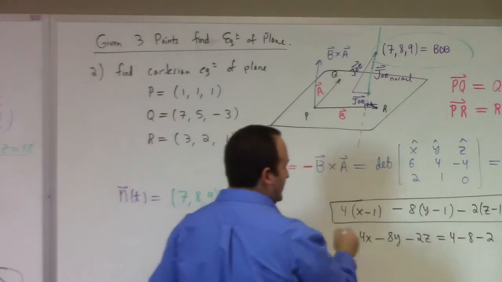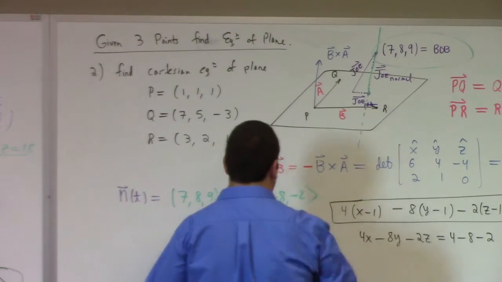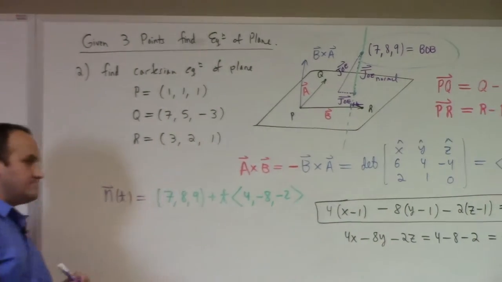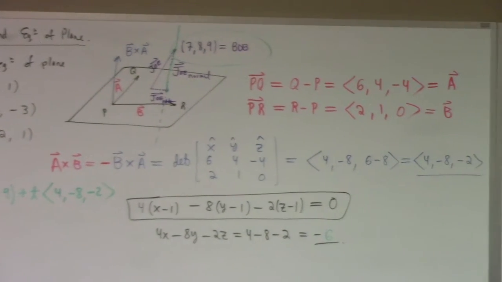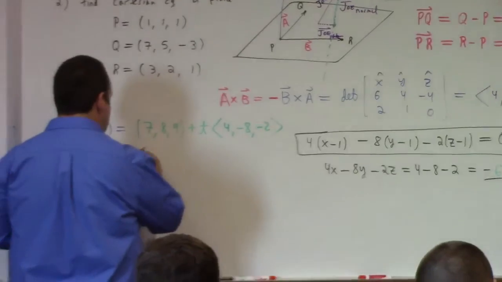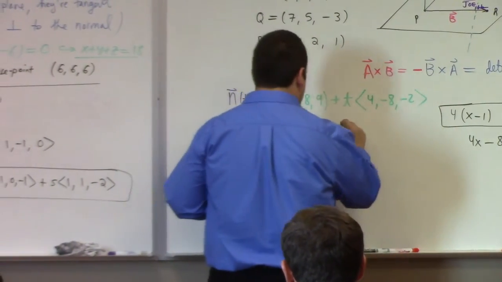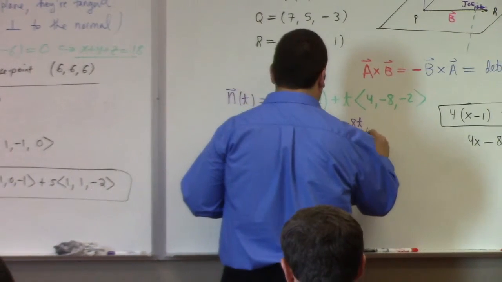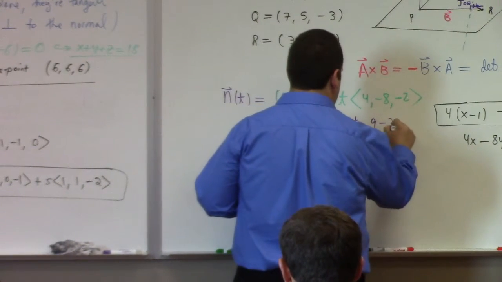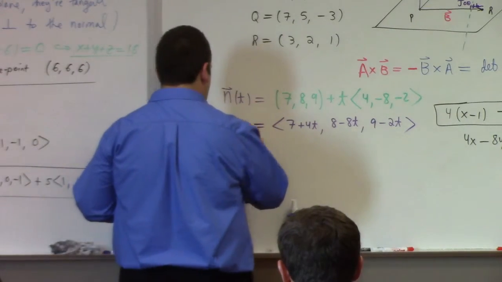So it's 4, minus 8, minus 2. So the parameterization for the normal line to this plane is 7 plus 4t, 8 minus 8t, 9 minus 2t, right? That's the parameterization of the normal line.